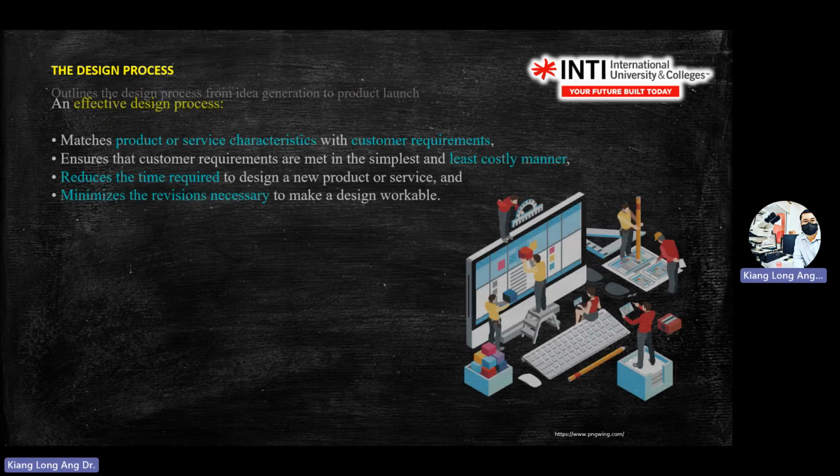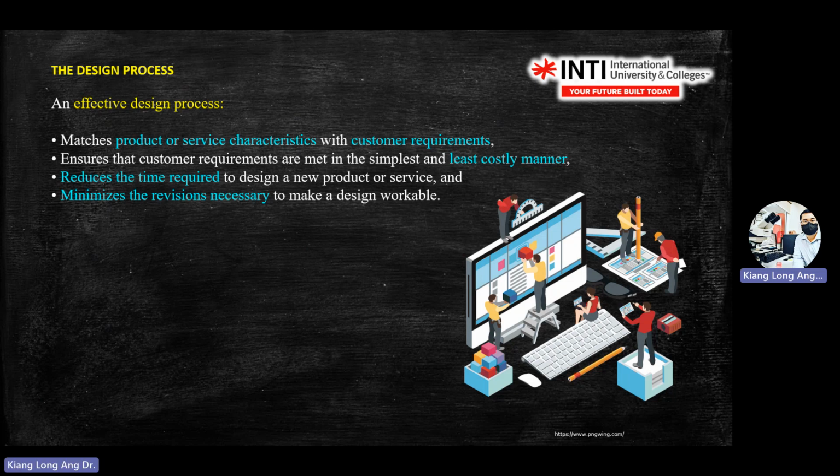Okay, first, what is an effective design process? We have 4 criteria to define it, because as an engineering module, we always like to define something, right? So for an effective design process, we always link with the customer requirement.